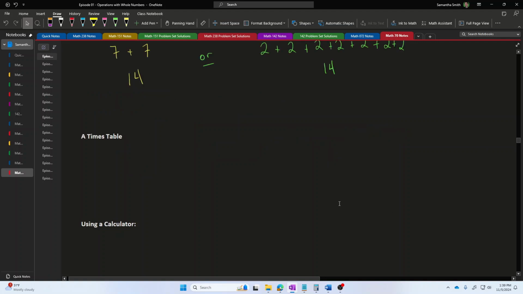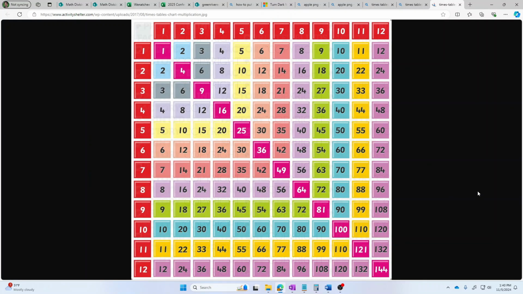It's also common to see multiplication given to you in a times table. So here is a common example of what a times table might look like. If I wanted to use a times table to calculate, for example, 2 times 7, then I would look for an entry in the table that has a row of 2 and a column labeled 7.